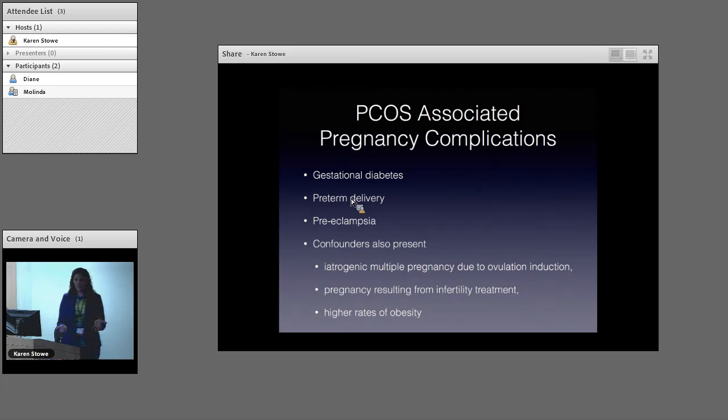That being said, women with PCOS will have spontaneous ovulation. In one study, women with PCOS assigned to either placebo or metformin had a monthly spontaneous ovulation rate of 32%.